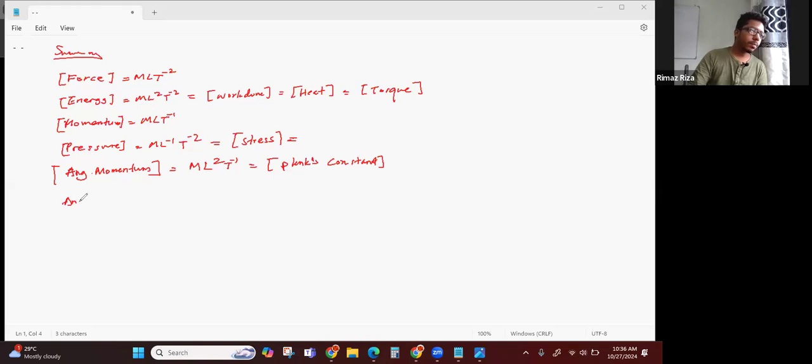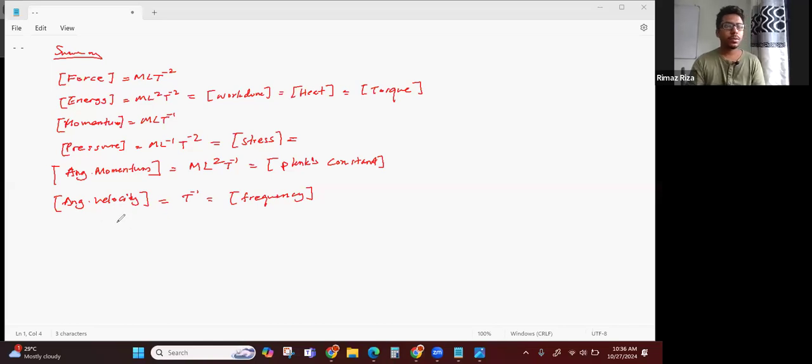Angular velocity, T minus 1, has the dimension of frequency. So when I ask you what is the dimension of pressure, you should be able to say without thinking M L minus 1 T minus 2.